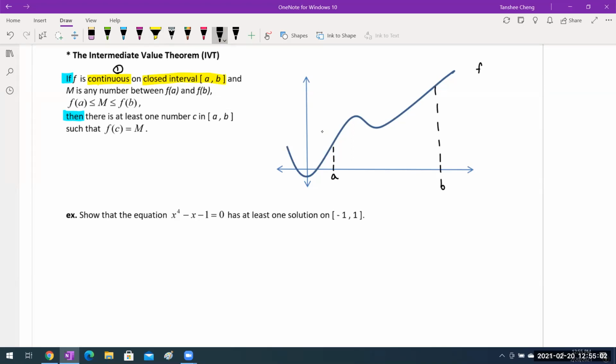And then we will say that there is a number m, such that that value m is between the function values of the two endpoints, which is f of a and f of b.